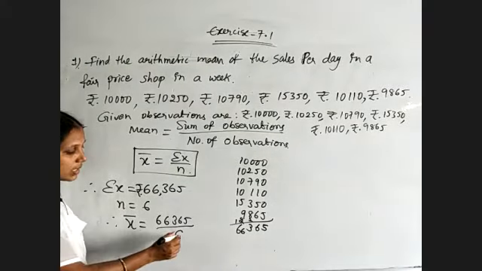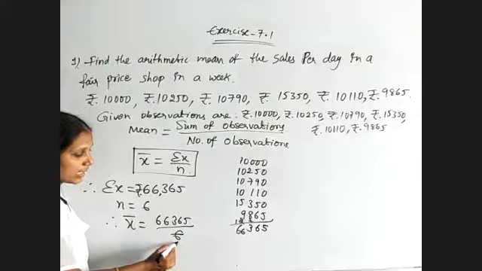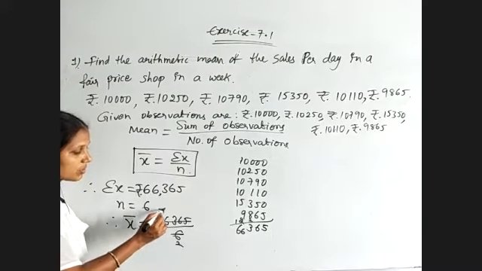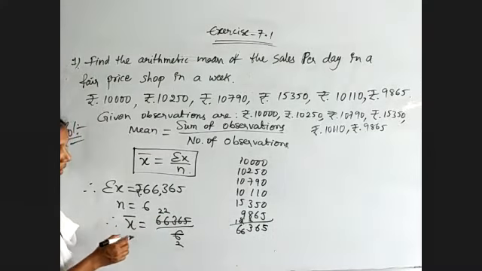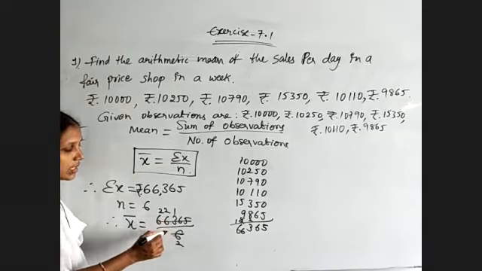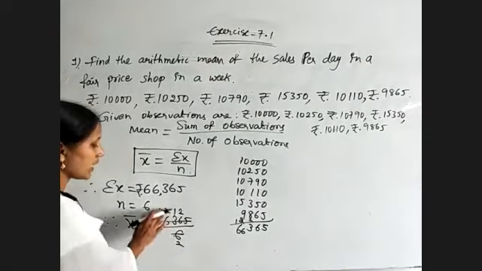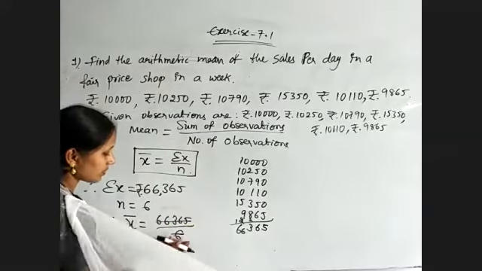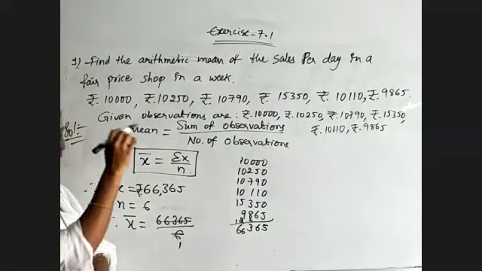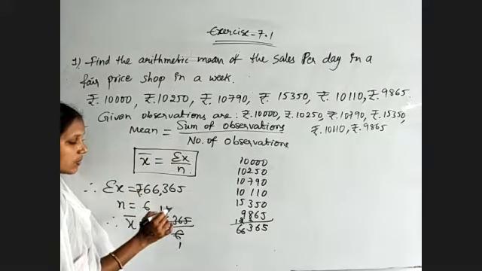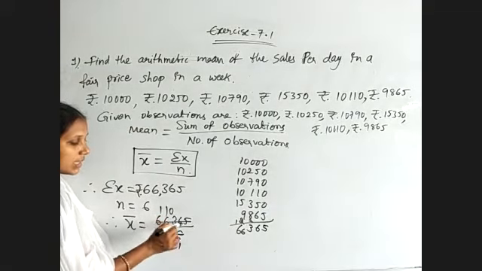Okay, do it directly with the 6 table because here we will get decimal values. 6 ones are 6, 0, 36.